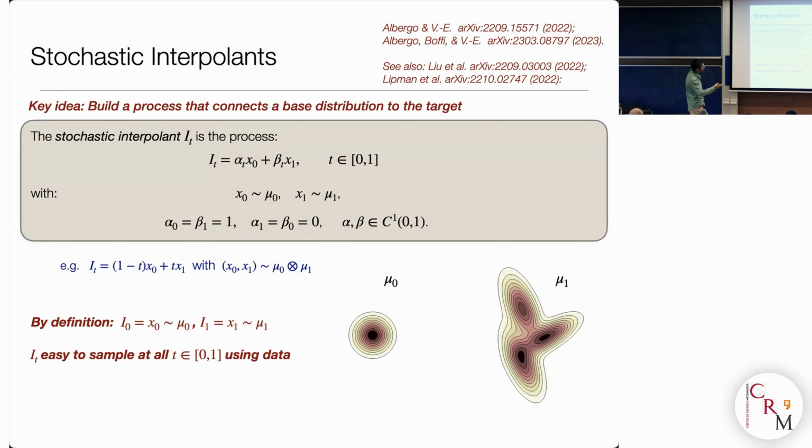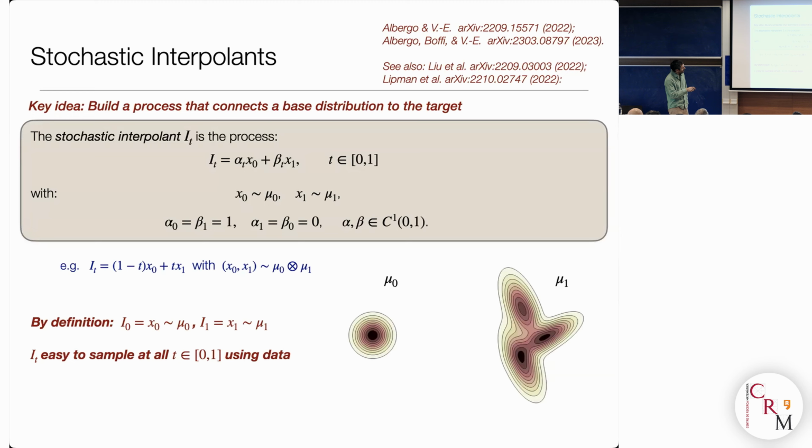As you have heard many times now during the conference, the idea is to build a generative model by doing some interpolation first in sample space and building a transport that's associated with it. The way you do the interpolation is using this interpolant here, which is essentially a linear combination between data from a base distribution that could be anything, but for most of the talk I will take to be a Gaussian, and then data from your target distribution.